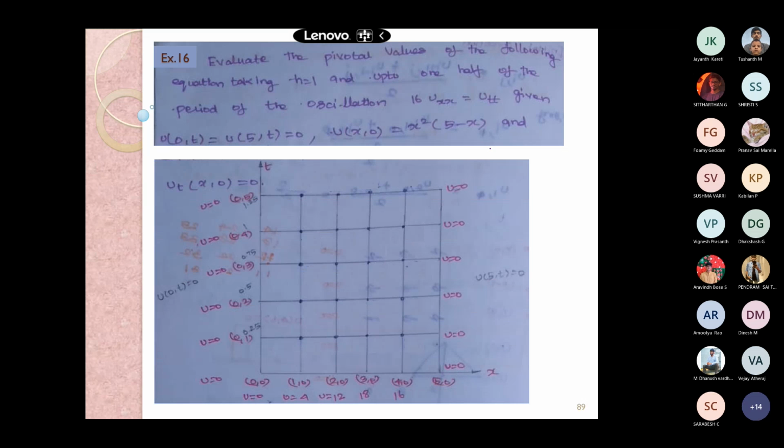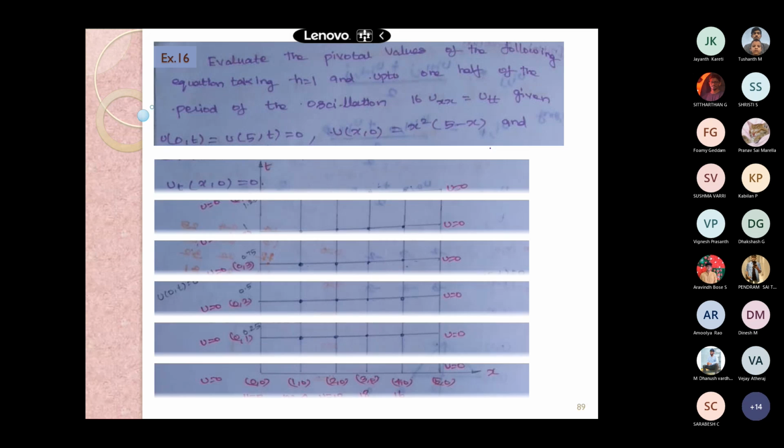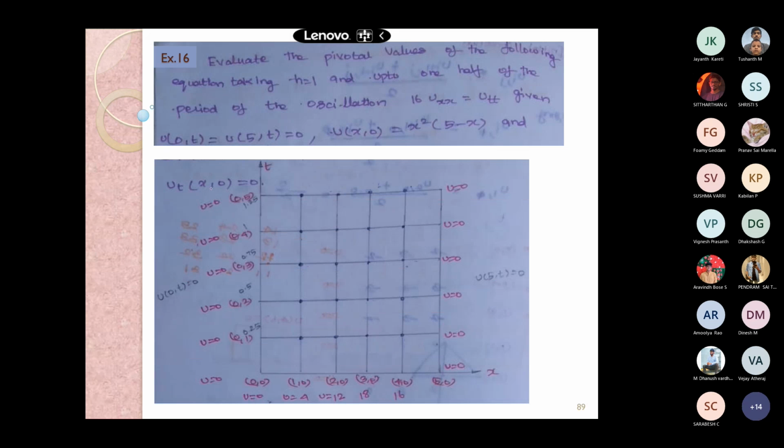Try to solve this particular problem: evaluate the pivotal values of the following equation taking h as 1 and up to 1/2 of the period of the oscillation, 16 uxx is equal to utt, given that u of 0 comma t and u of l comma t is equal to 0, the left vertical and right vertical as 0, and the horizontal x-axis as x square 5 minus x, and ut of x comma 0 is equal to 0.